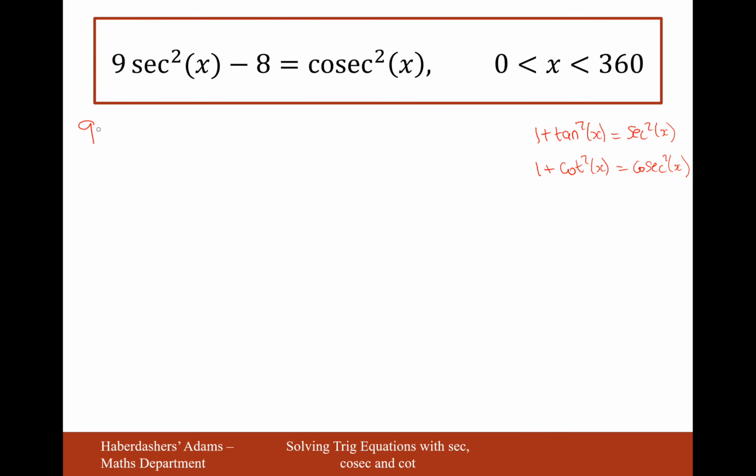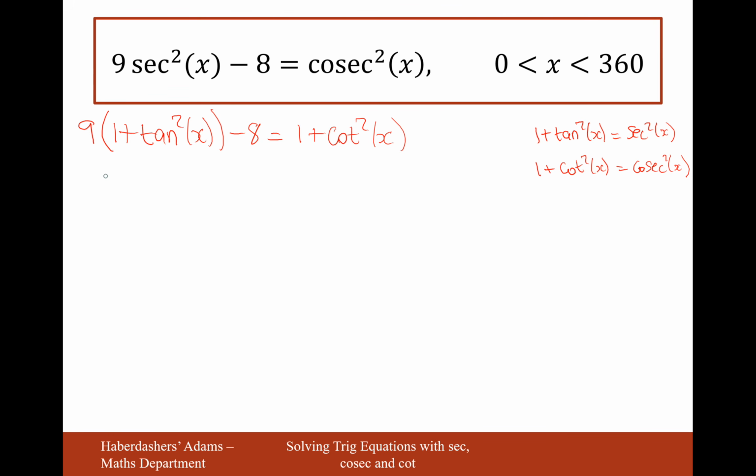So it's 9 bracket sec squared, which is 1 plus tan squared x, minus 8 equals cosec squared, which is 1 plus cot squared. And now this question is turned into a tan question.